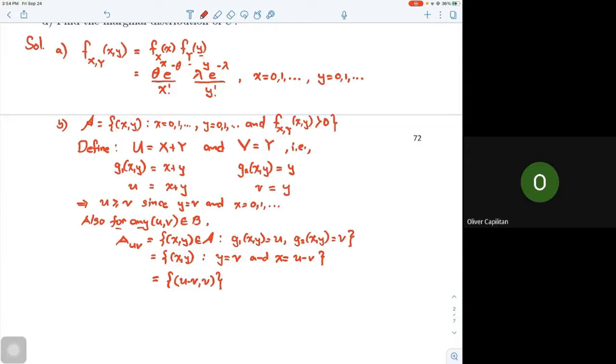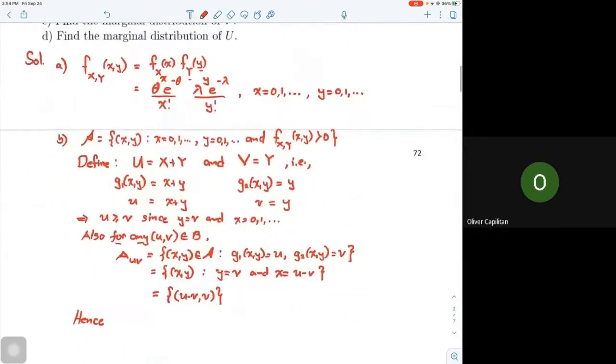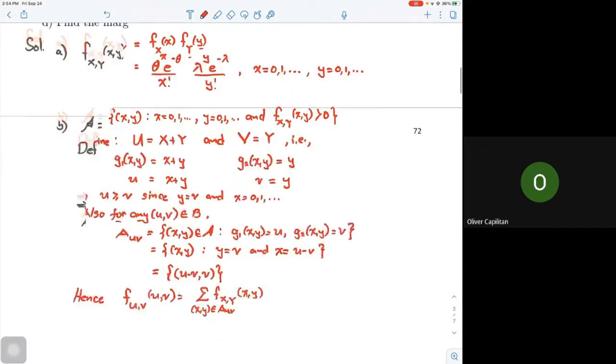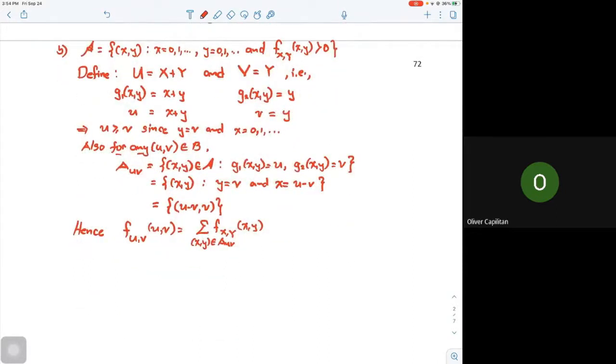So using the equation that we have, 4.3.1, the joint PMF of U and V should be the countable summation of the joint PMF of XY, where XY is an element of A sub UV. There is only one element in our set A sub UV, which is the ordered pair u minus v and then v.